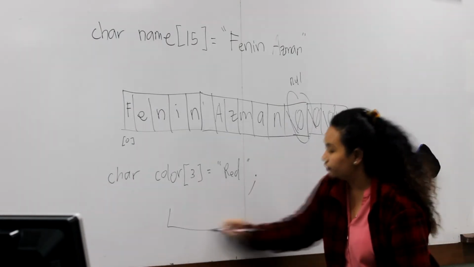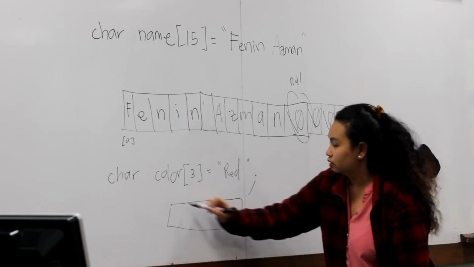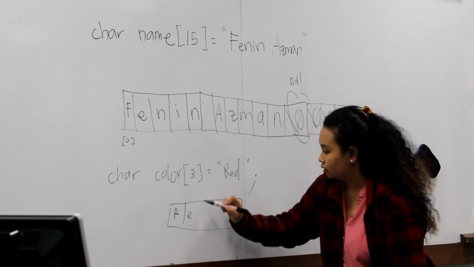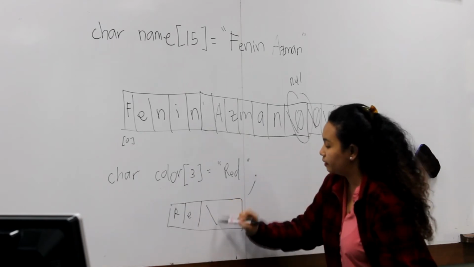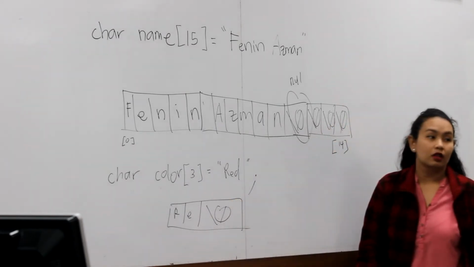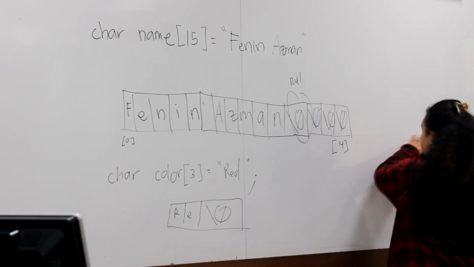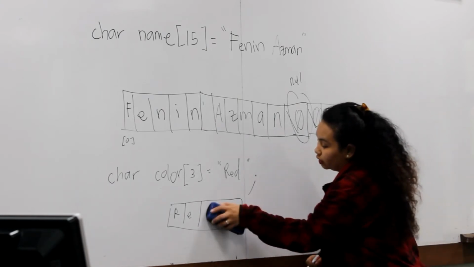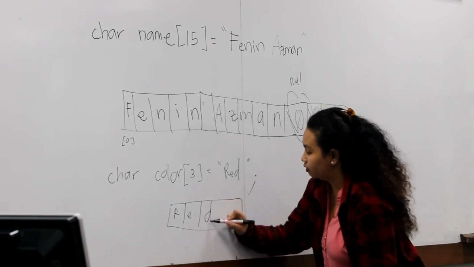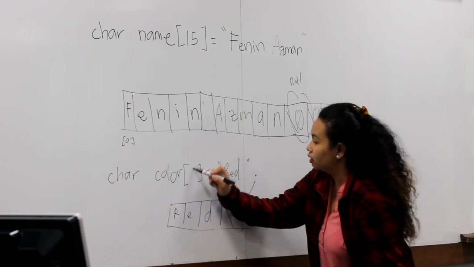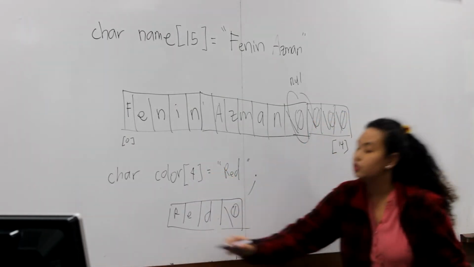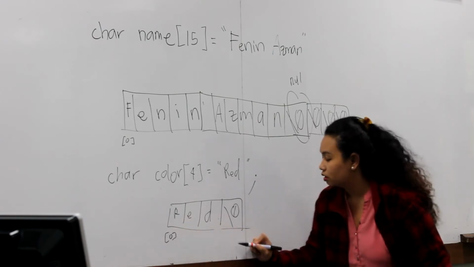Do I have enough? Okay, but I need my null character, right? So we don't have enough. So you need to give an extra 1. So here has to be 4. So this is 0 to 3.